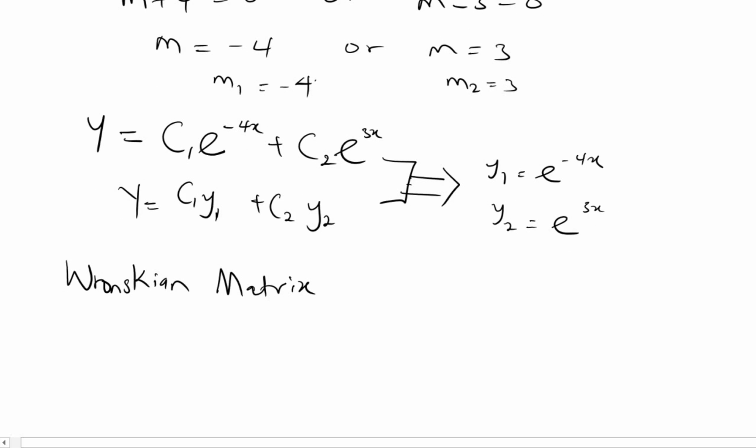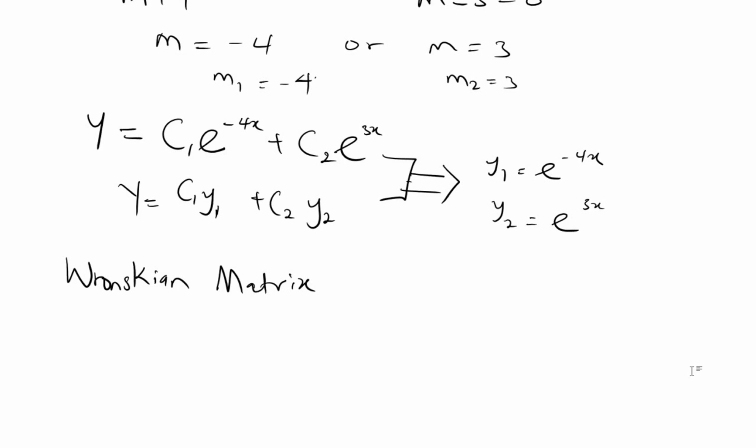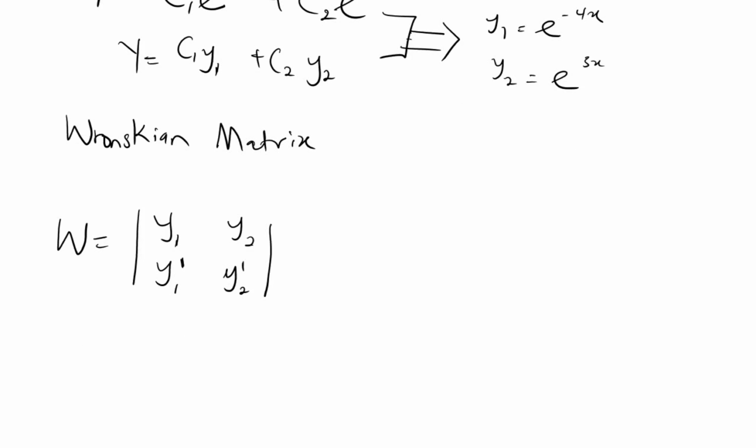So for this variation of parameter, there's something we call the Wronskian. The Wronskian is the determinant of y1, y1 prime, then y2 and y2 prime. This, you know, is the determinant of a matrix.